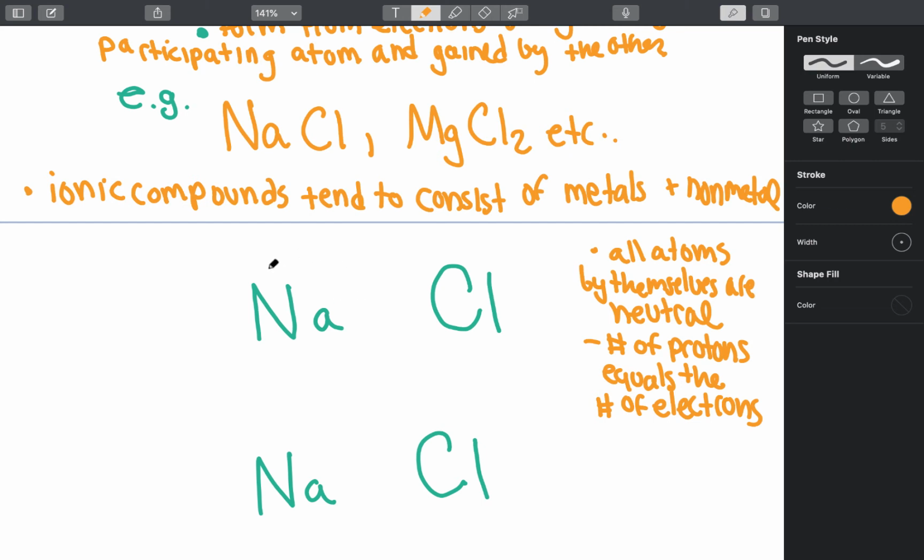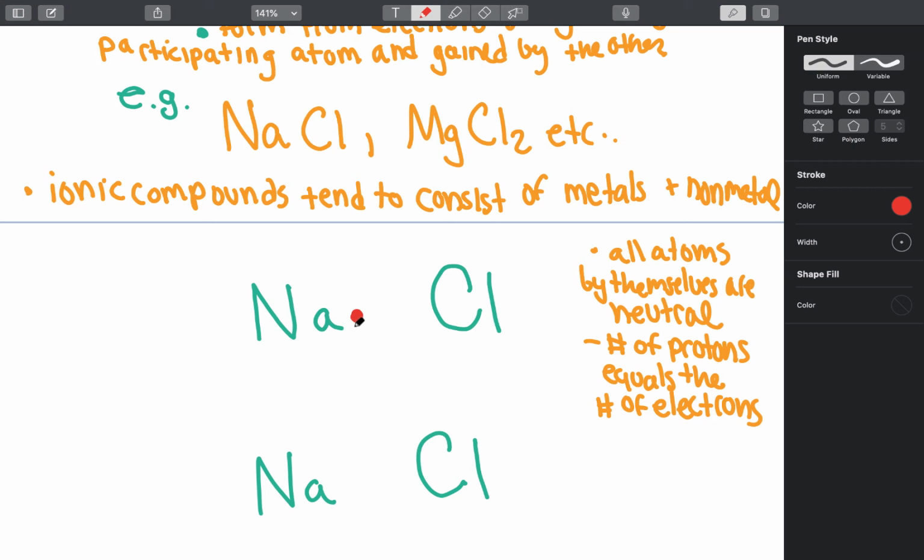So how will this work? Well, sodium, as we're going to see when we get more into atomic structure, has one valence electron. And this valence electron wants to be lost. So sodium wants to get rid of this valence electron, and we'll learn why in one of the later videos.